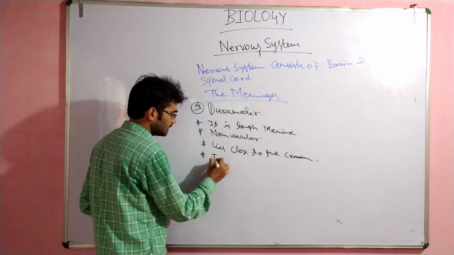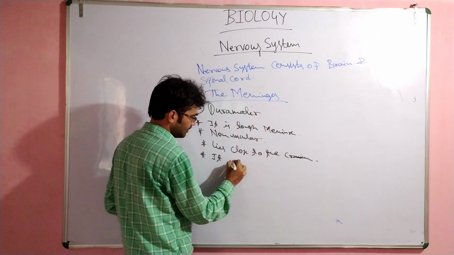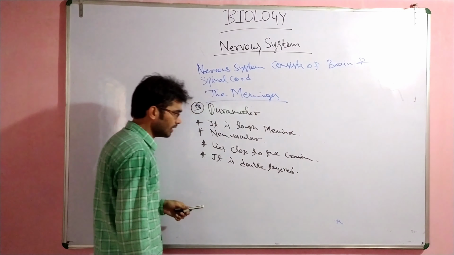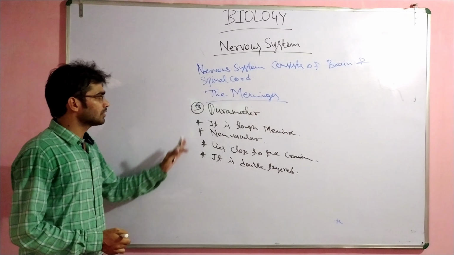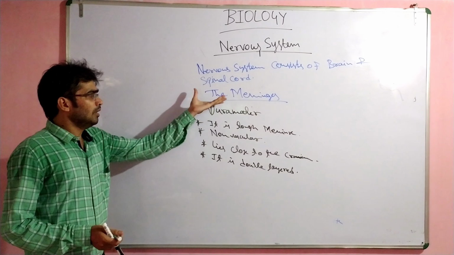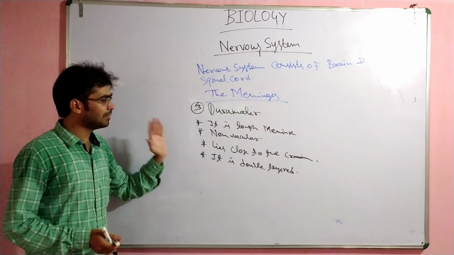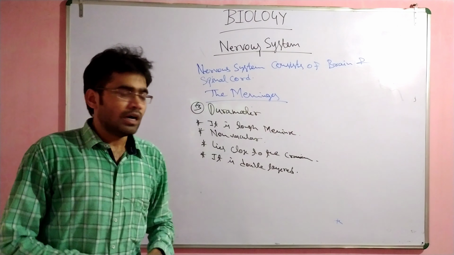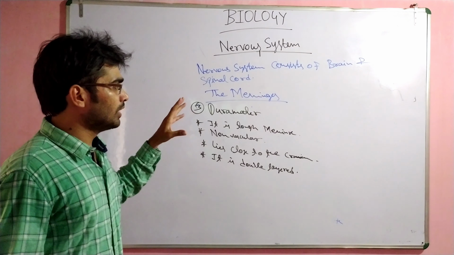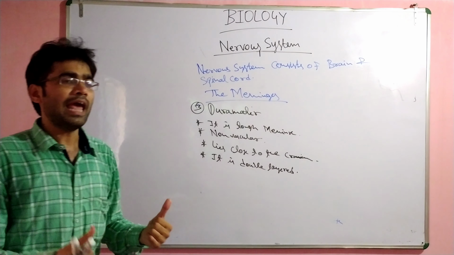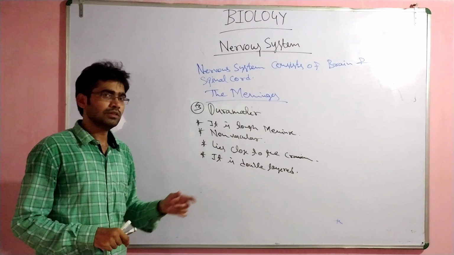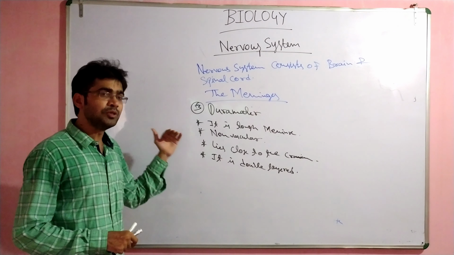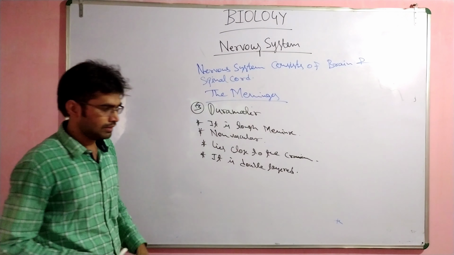And it is double layered. After that there is cranium. So this is all about the meninges, and the main purpose of meninges is the protection of the delicate organ, the brain. I'm going to make one schematic diagram that will help you to understand the location of each meninges and its contribution to the brain.